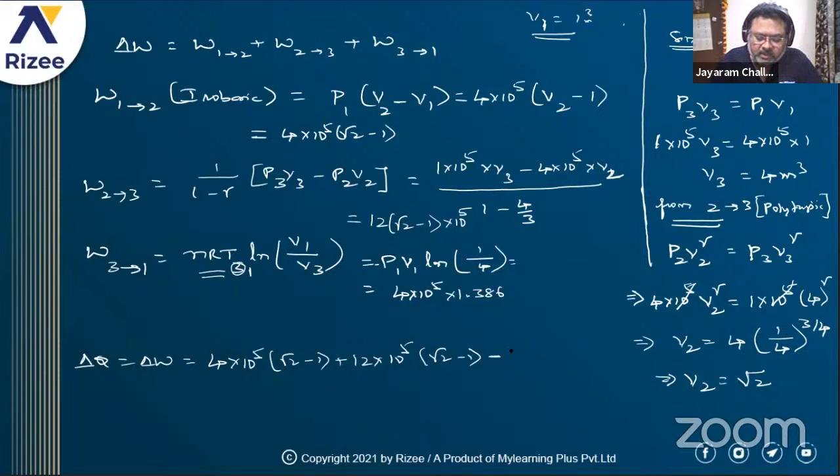So this can be written as 4 into 10 to the power of 5 into 1.386. So this is our relationship. On substituting, an addition of the 12 plus this 16, it will come down, and subtracting from that one, this will be 1.08 into 10 to the power of 5 joules.